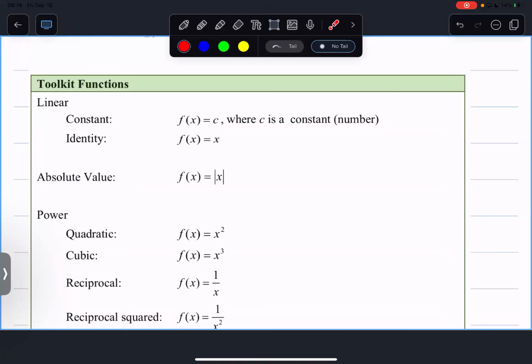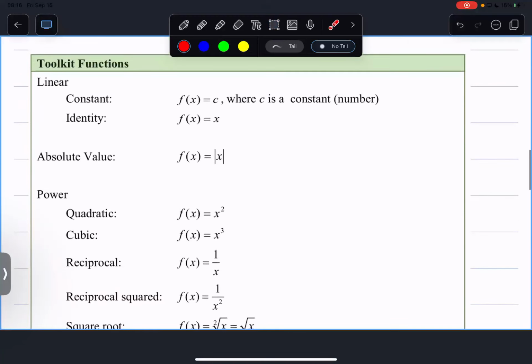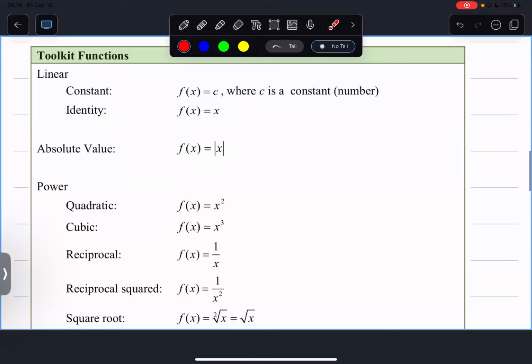So we've already seen some of these toolkit functions, right? We can have a linear function where we just have some straight line at some constant, then we say f of x is equal to c, where c is a constant, of course, a number. So f of x equals 3 just means that you have a straight line at 3. And I'm trying not to graph them because we'll see the graphs in a little bit. So I don't want to be redundant.